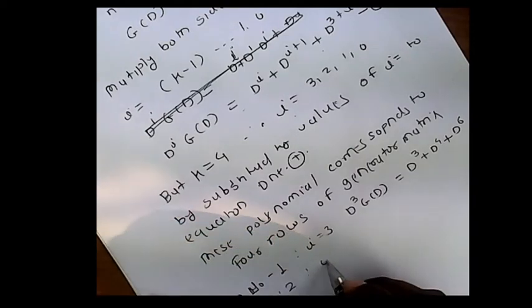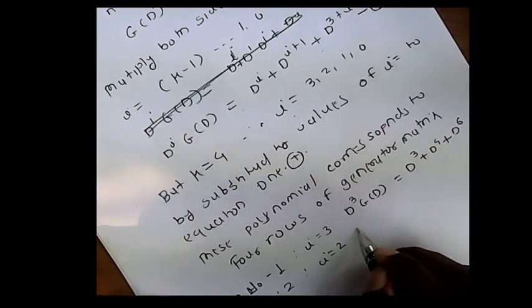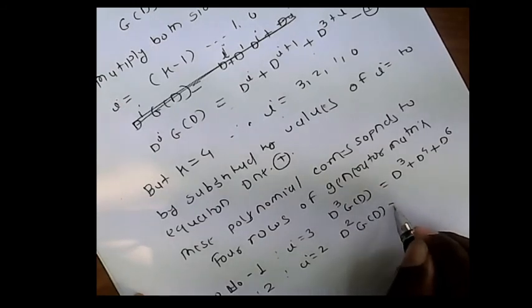Then row number 2, put i is equal to 2, we get d raised to power 2 g(d), then d square, d cube, d raised to power 5.